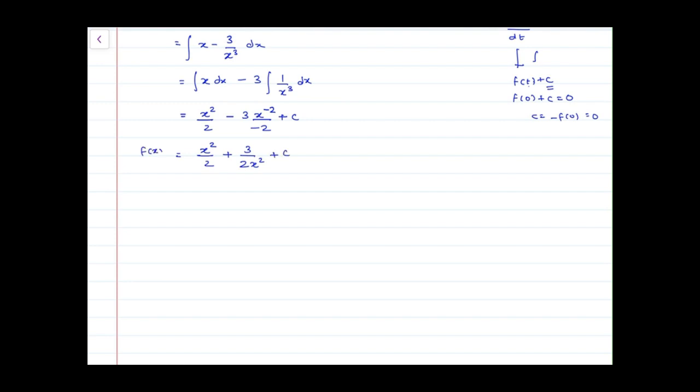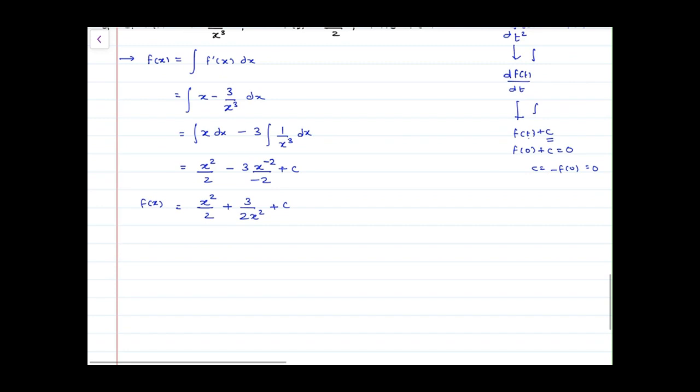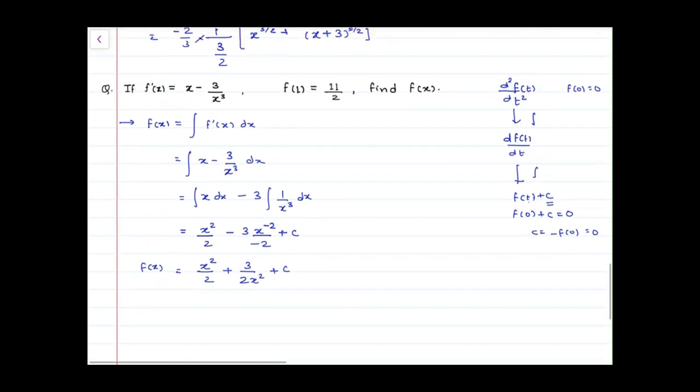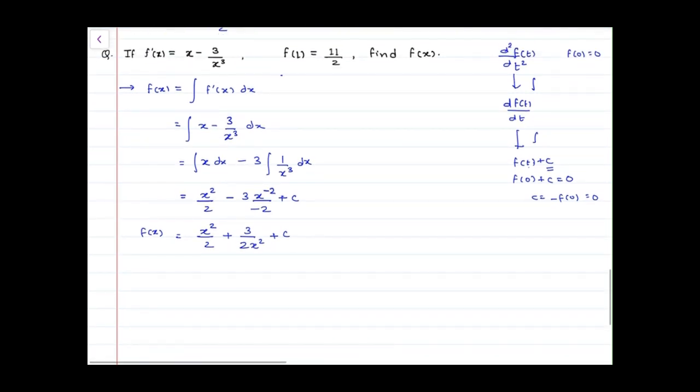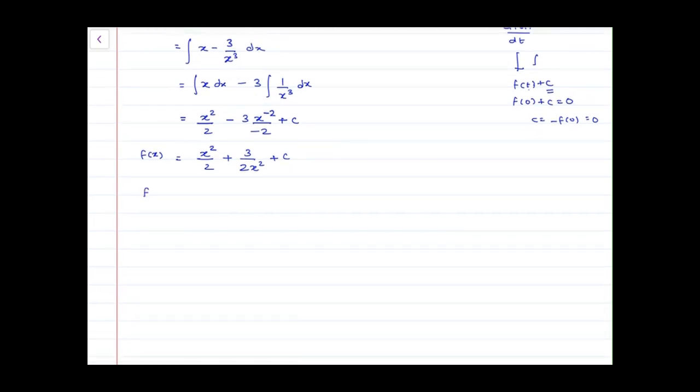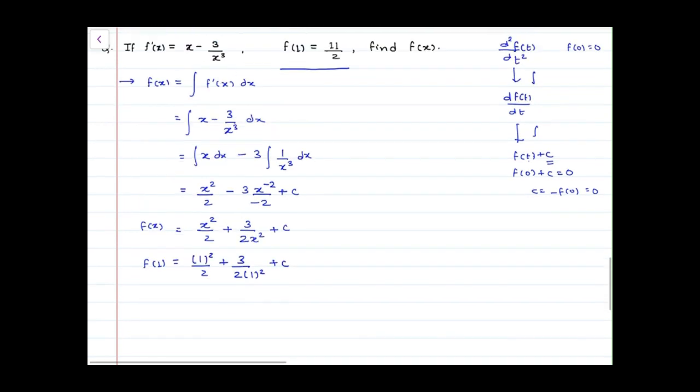right? Now we got the equation f of x, but there is a term c that we need to find out. For that we need to use the condition, that is f of 1 equal to 11 upon 2. So wherever you see x in the equation, you need to substitute it with 1. Right?